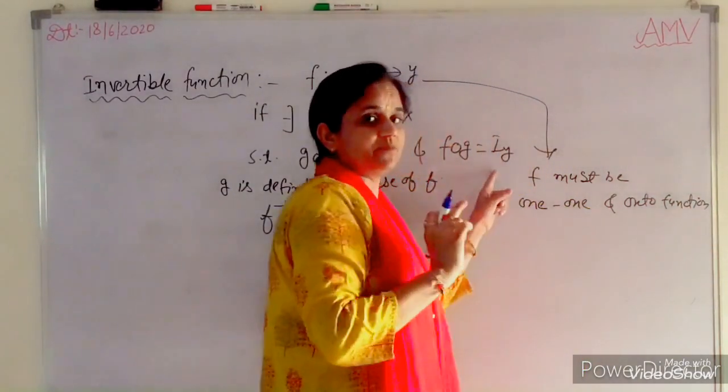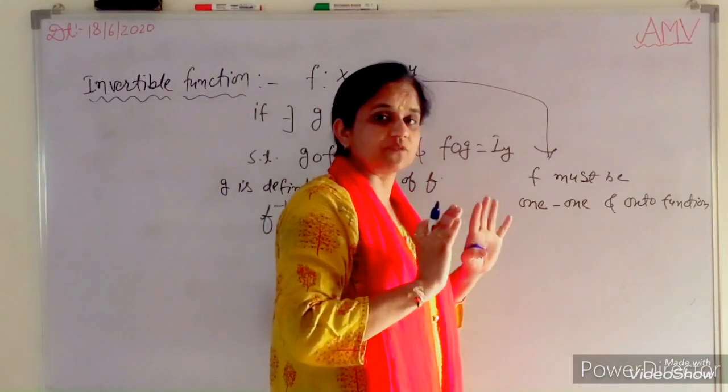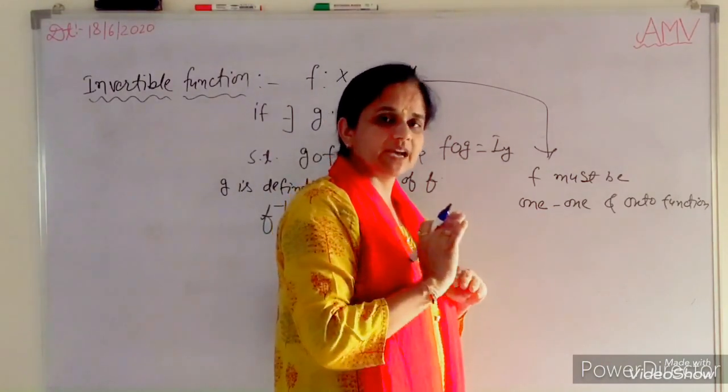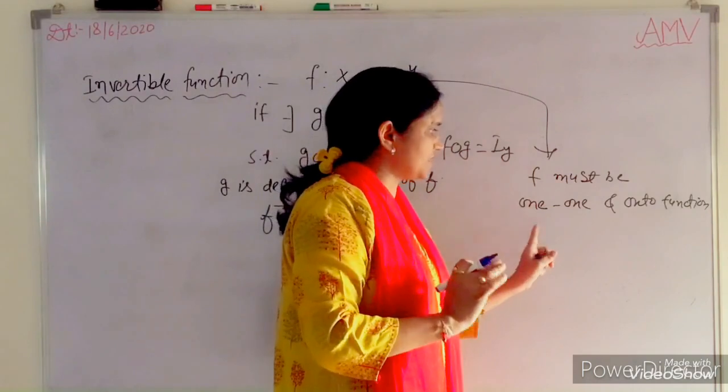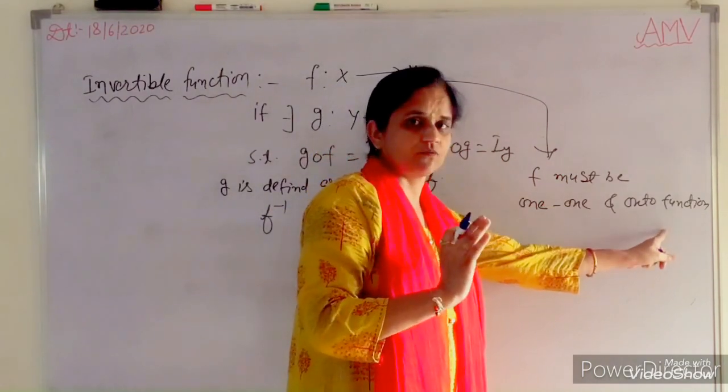Then only it will be an identity function. The composite function of f will be identity if f is one-one and onto.